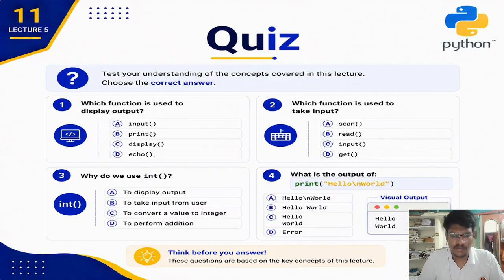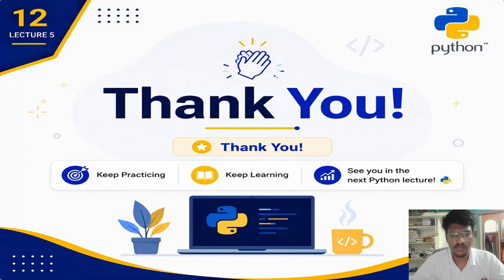All right, everyone. In this lecture, we had a deep dive into Python escape sequences, strings, and user input. We covered a ton of ground today. Let's do a quick revision of the golden rules.